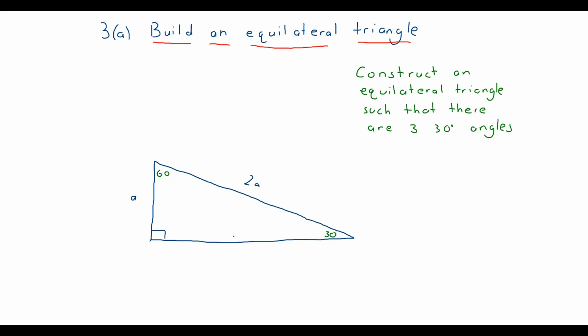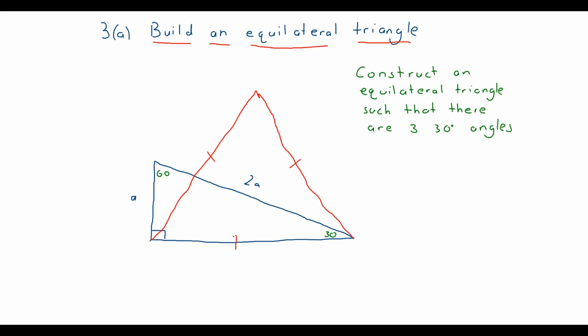Okay, so I'm assuming you've had a go. So what I'm going to do is pick this side here, and I'm going to draw an equilateral triangle with this side here as one of the sides. So here it is, 1 and 2. Hopefully that's a good enough equilateral triangle. There it is.